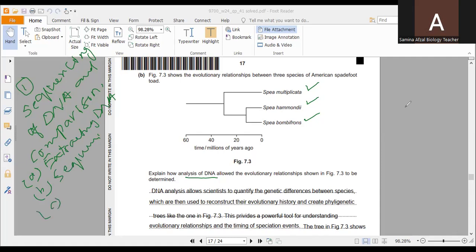All this will take place, and then their alignment. So this is the first step. Secondly, they will analyze the differences.